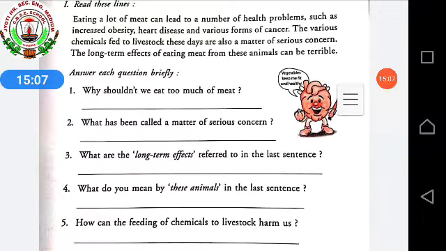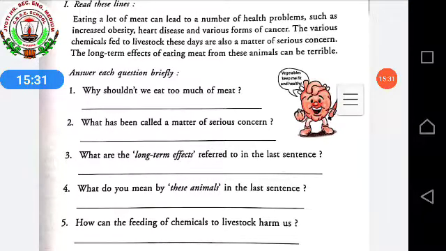Now, the people who are eating the livestock which have been fed with the chemicals are consuming it, and due to that, they are having the long-term effects of cancer, increased obesity, heart disease, all those. What do you mean by these animals in the last sentence?